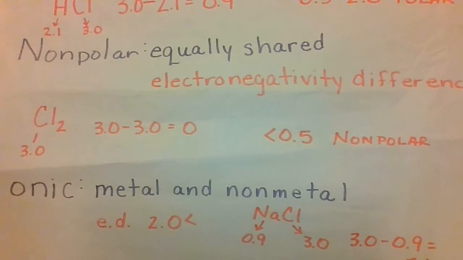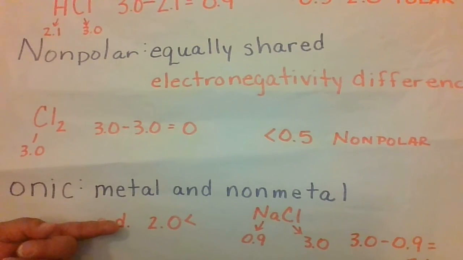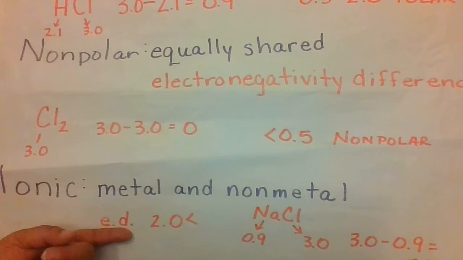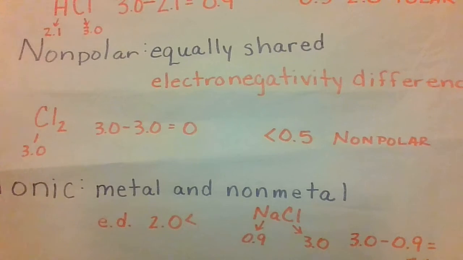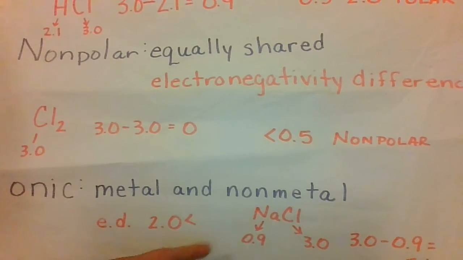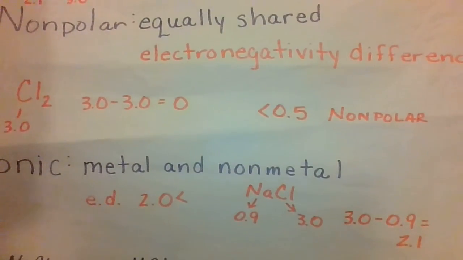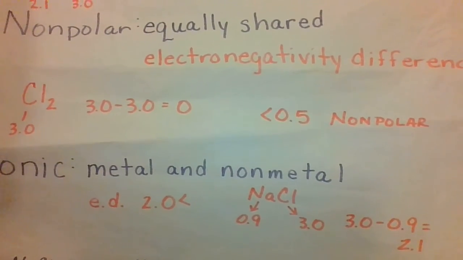So if we have 3.0 minus 0.9, we're going to end up with a difference of 2.1. And for ionic compounds, our electronegativity difference is going to be 2.0 or higher. And with this one skirting in right at 2.1, we know that sodium chloride is in fact an ionic bond.